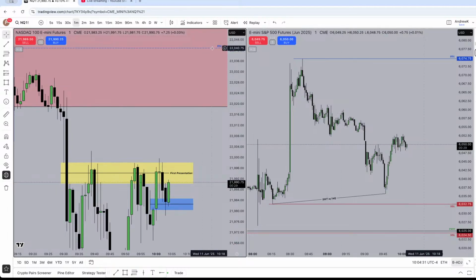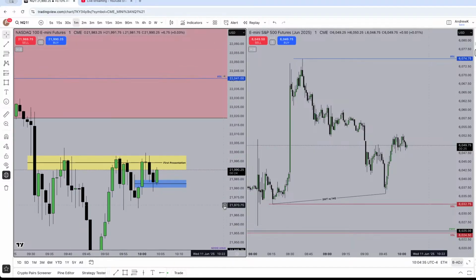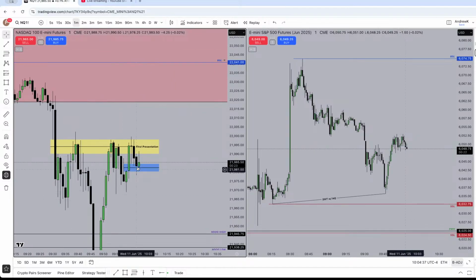It should go here. Ideally, I don't want price to drop back down. I would like to just see it go higher. That's what I'd look for. But I don't like that we're closing. We're in between these two inefficiencies right now. Or, sorry, these efficient PD arrays.